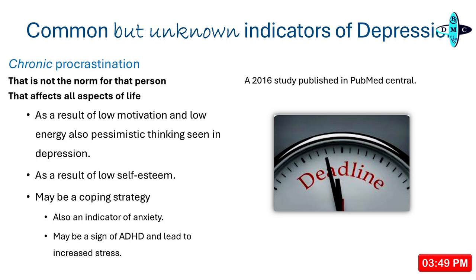So the conclusion or the aftermath of all these symptoms that are listed by the DSM-5 is that you don't want to address what you need to address. And then you say, I'll do it tomorrow, and that is procrastination. It could also be an indicator of anxiety, and it could actually also be a sign of ADHD. But we're talking about depression. That chronically procrastinating in all or most aspects of your life is suspicious of depression.